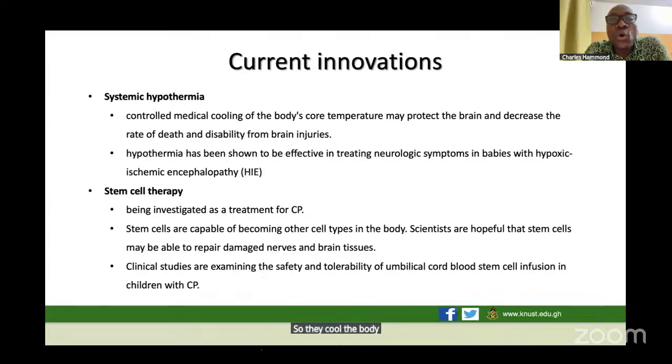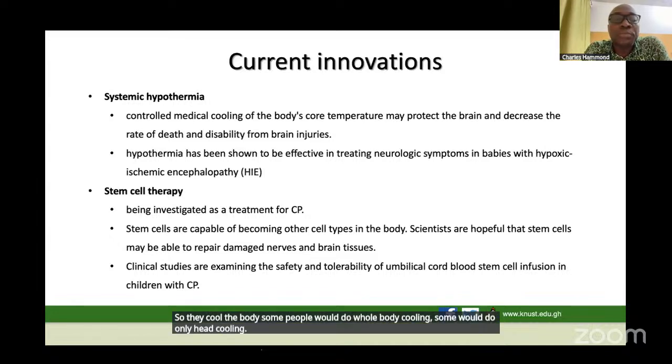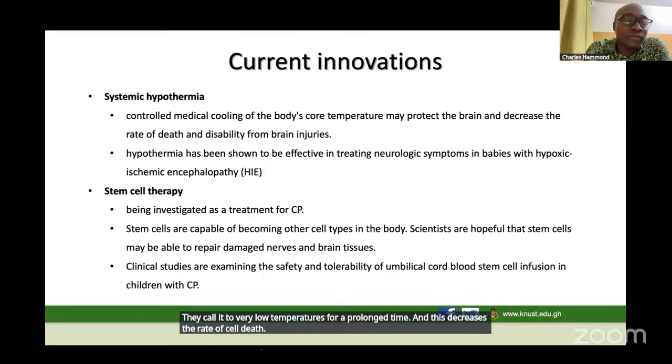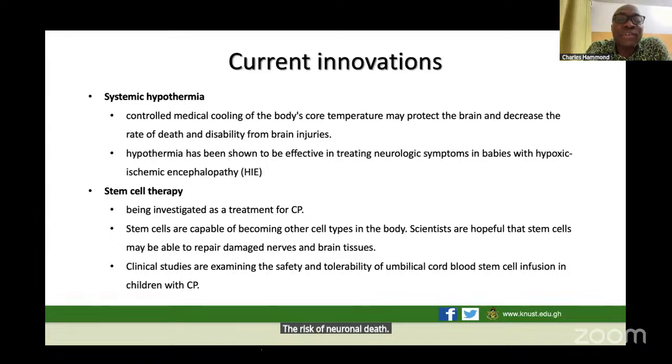Some people will do whole body cooling, some will do only head cooling. They cool it to very low temperatures for a prolonged time. And this decreases the rate of cell death, the rate of neuronal death, and then it prevents disability from brain injury. So it is working very well. We do not have it in our country at the moment, but we should position ourselves for it.